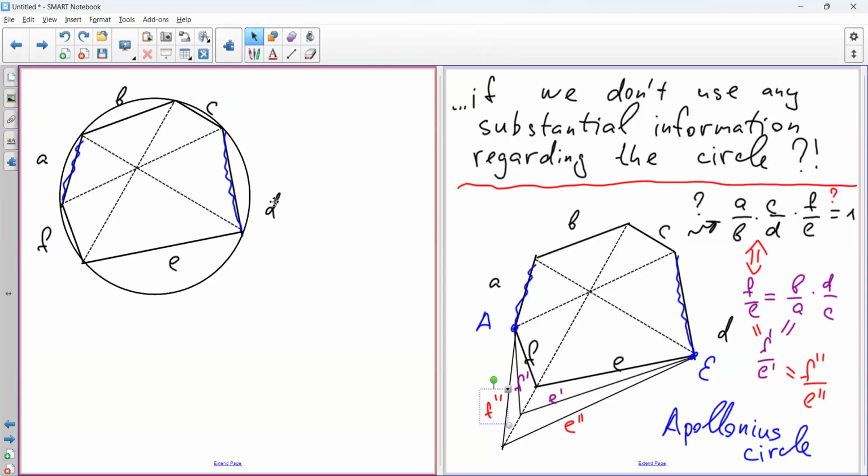So we must somehow use the condition that this is cyclic. And of course, the most straightforward option for how to use that would be by using some relations on the angles and applying some geometry.